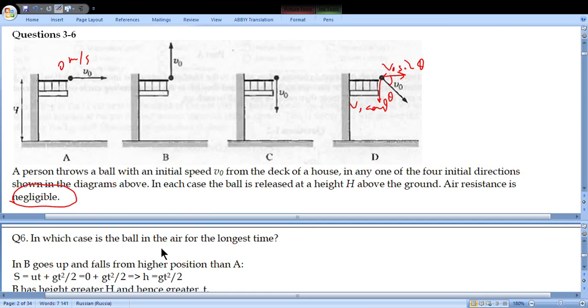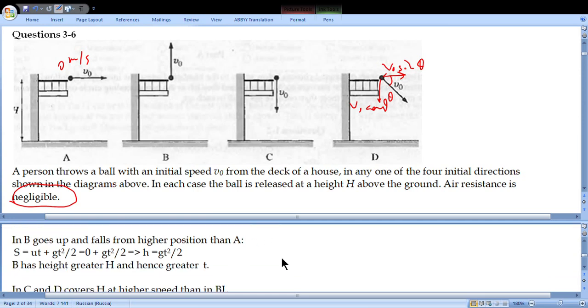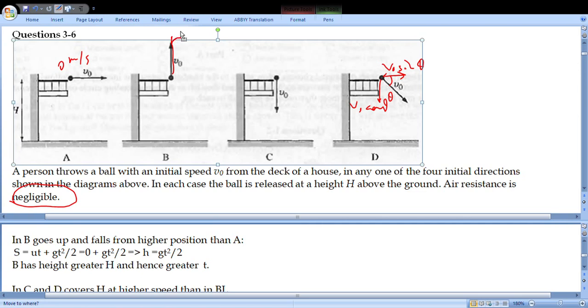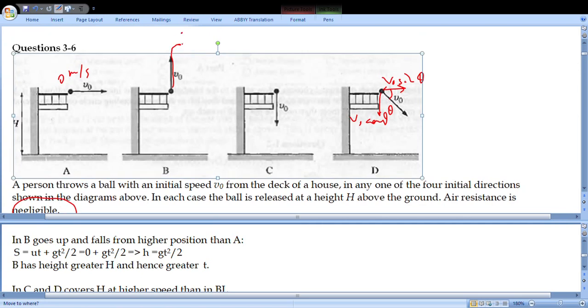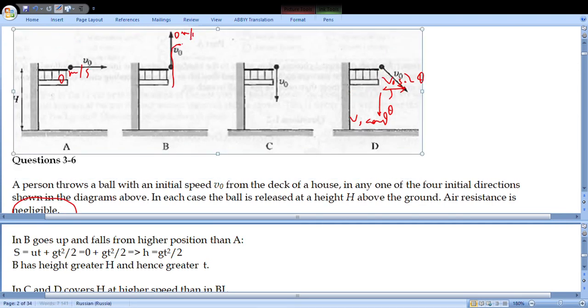Question 6: in which case is the ball in the air for the longest time? Let's compare. In B, the object moves up, reaches the highest point with 0 velocity, and from this highest point falls.